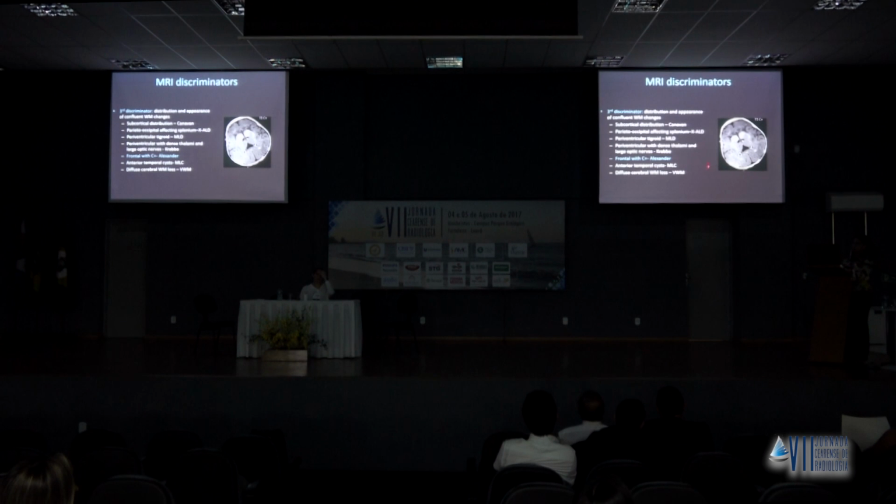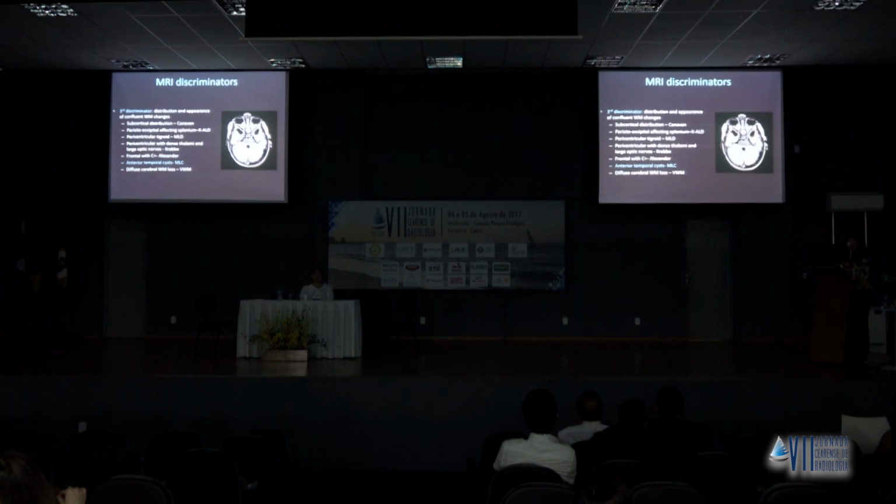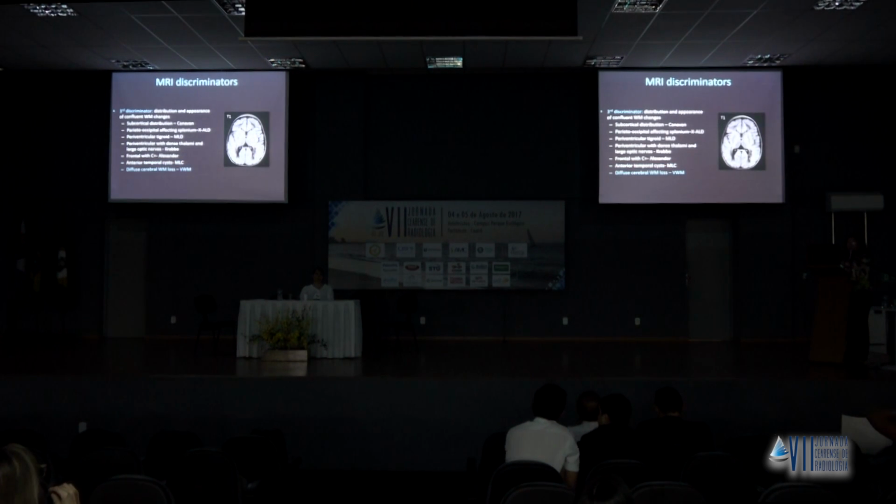Frontal distribution with abnormal enhancement, think about Alexander's disease. Anterior temporal cysts, this is going to be megalencephalic leukodystrophy with cysts. And then the diffuse white matter loss, just melting away for no reason, vanishing white matter disease.